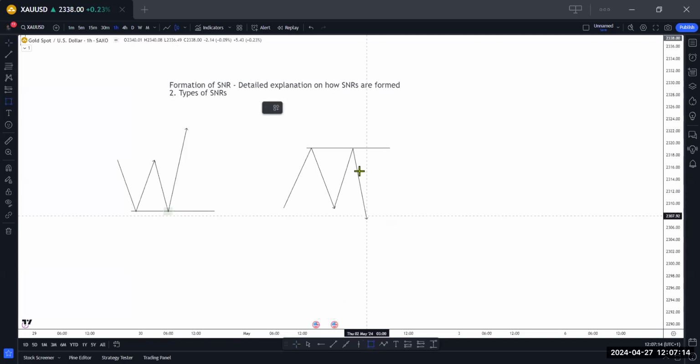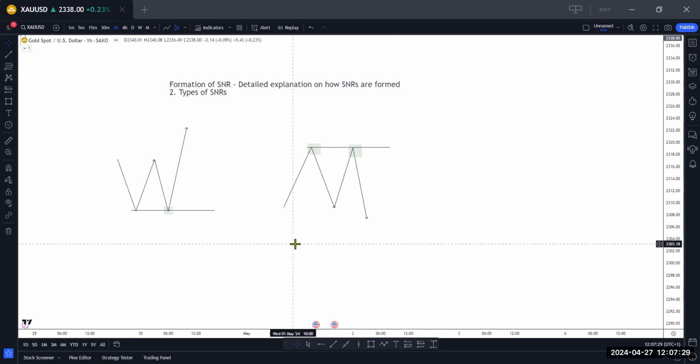This was a resistance level, an N. When price came to the resistance level and tapped it, a new resistance level was formed. So SNR, or support and resistance, are just designed to show us how the market works. That's the basic thing about support and resistance.